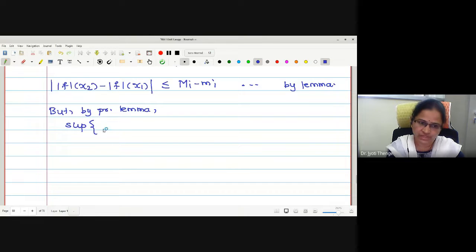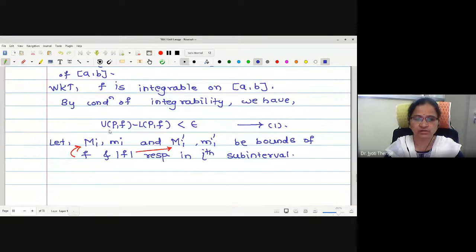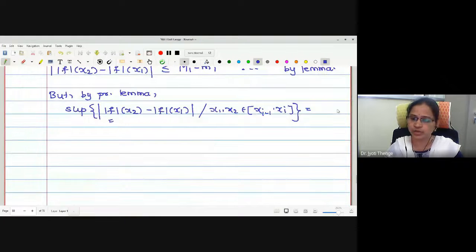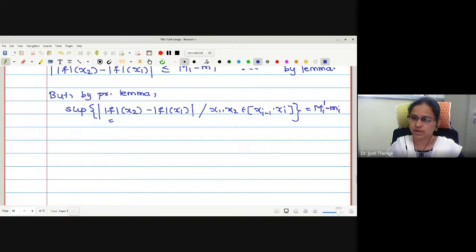Supremum of the set mod f operated on x2 in the modulus minus mod f operated on x1 in the modulus, x1, x2 in the ith subinterval [x(i-1), xi]. What are the bounds for mod f we have written? Mi dash and mi dash, right? So what will be the suprema? Yes, Mi dash minus small mi dash. Very good.